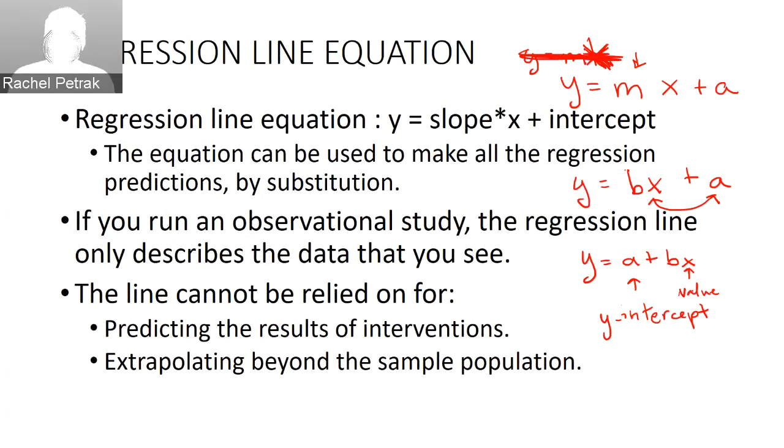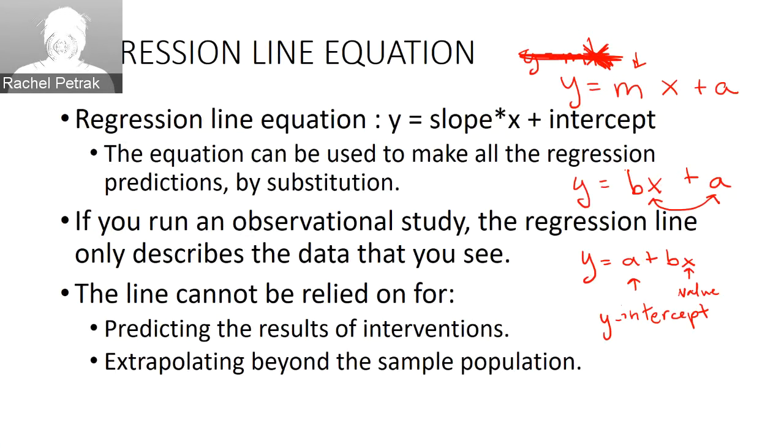Now, it's important to remember that when you find a prediction line, you can use it to make predictions for participants who are in your study or similar participants from the same population, but you cannot use it to predict the results of interventions, because a causal study is needed to get data that would be valid for predicting the results of interventions.